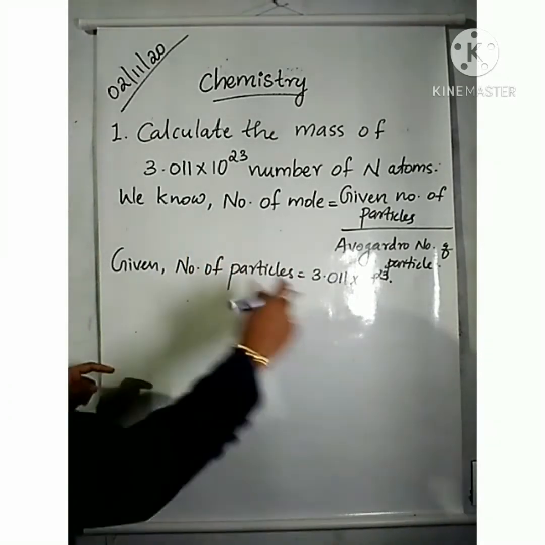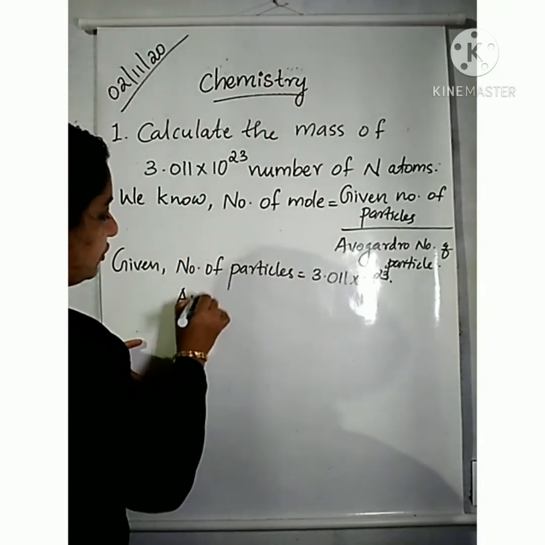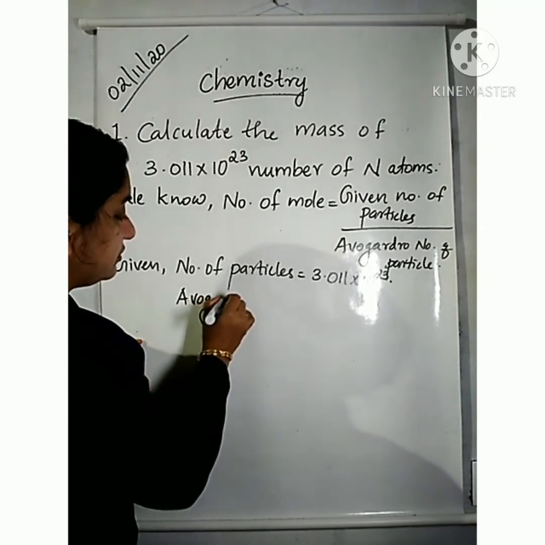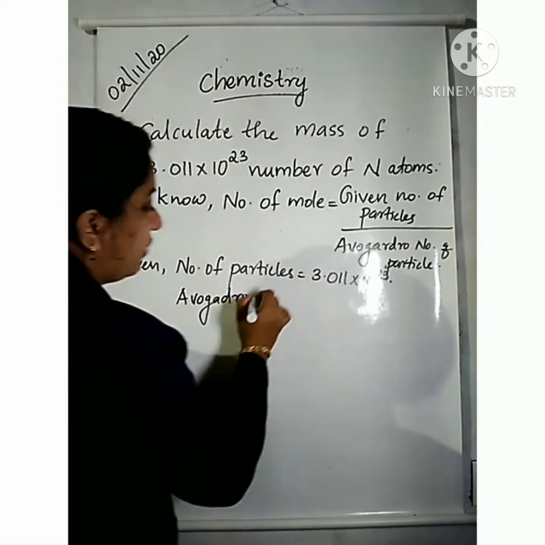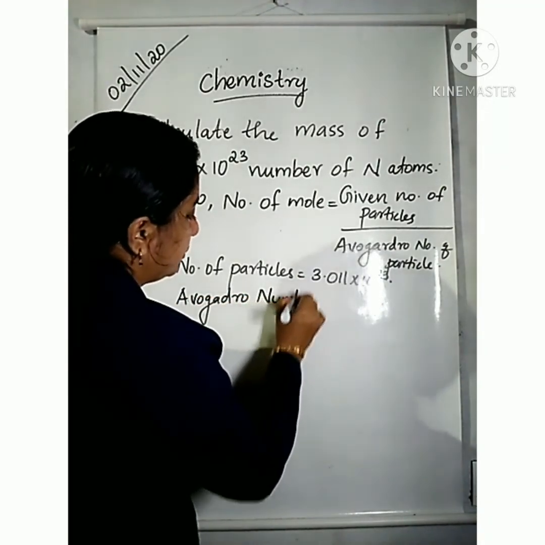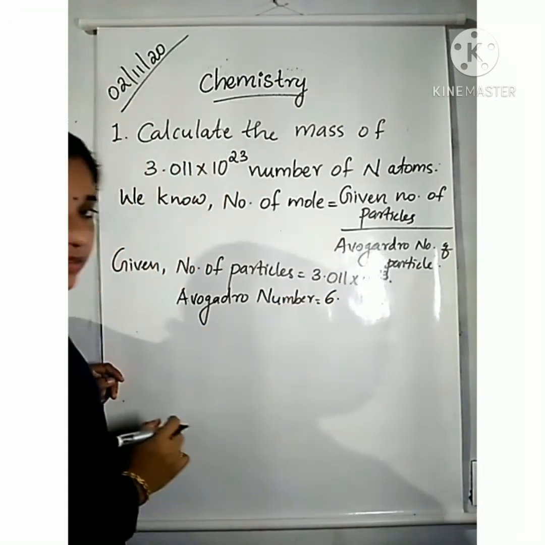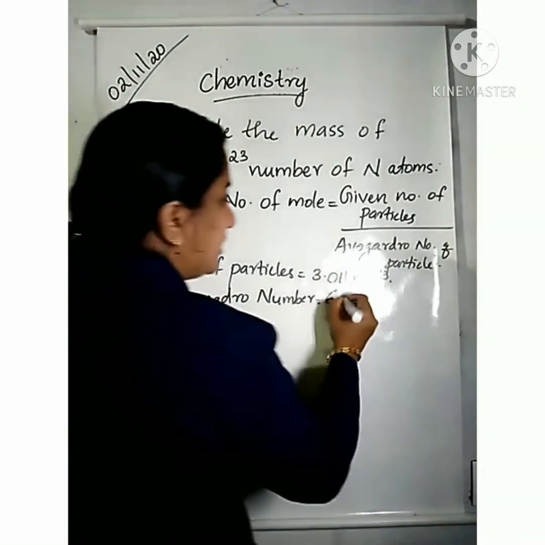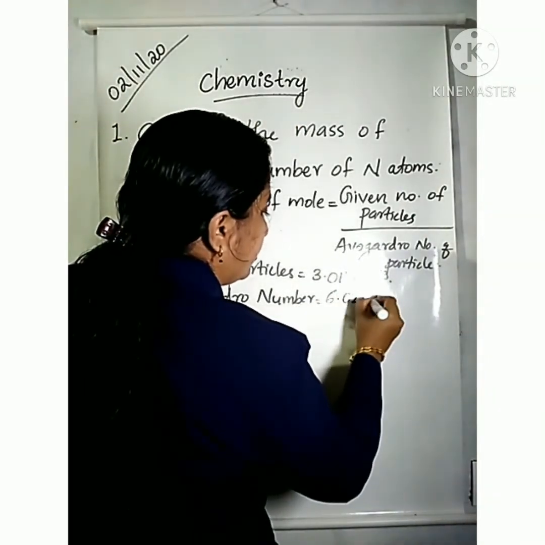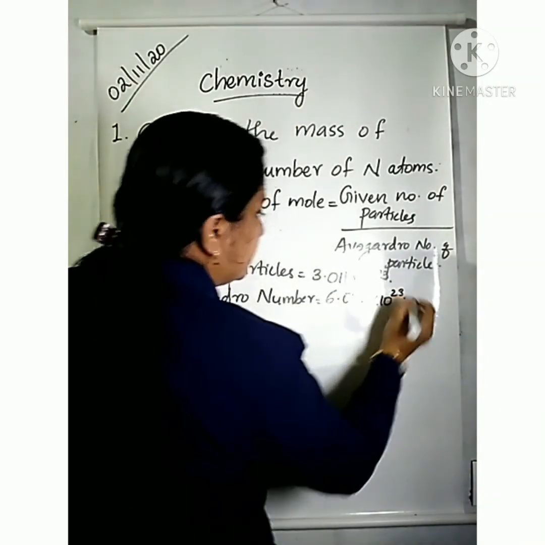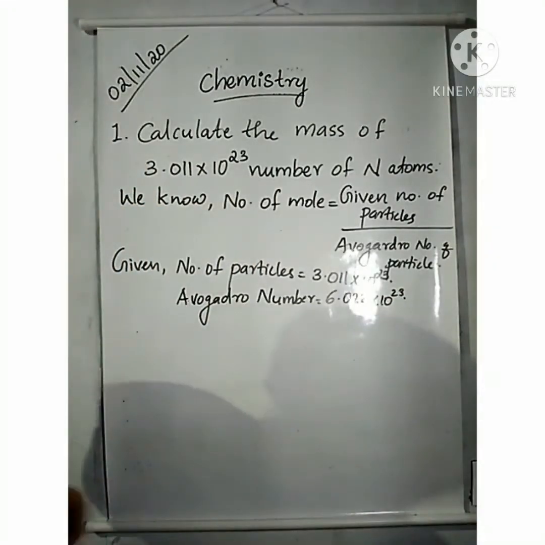Then Avogadro number of particles. Avogadro number that already we know. Avogadro number equals what? Yes, it is 6.022 into 10 raised to 23. This is the Avogadro number of particles.